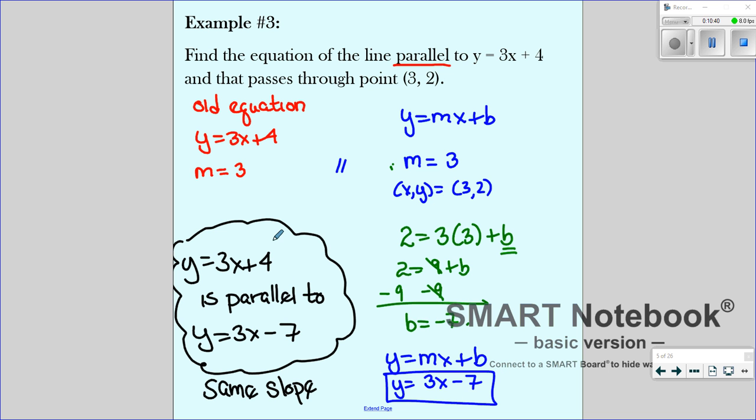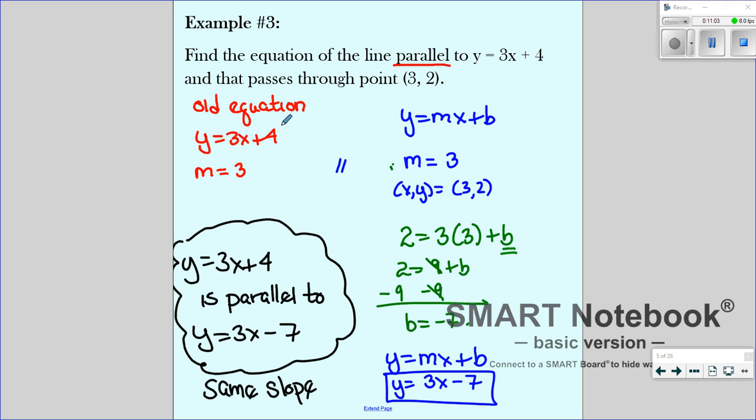Basically everything you learned in lessons 3 and 4, you're applying it to trying to find an equation based on whether it's parallel to the old equation or perpendicular. You learned everything about the slopes.